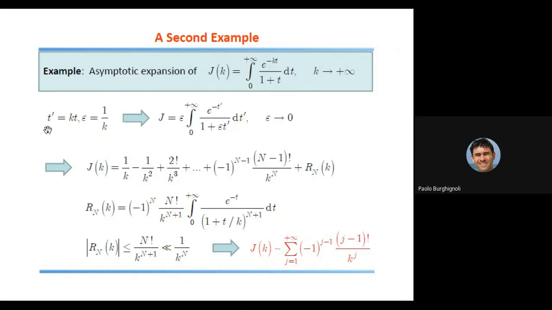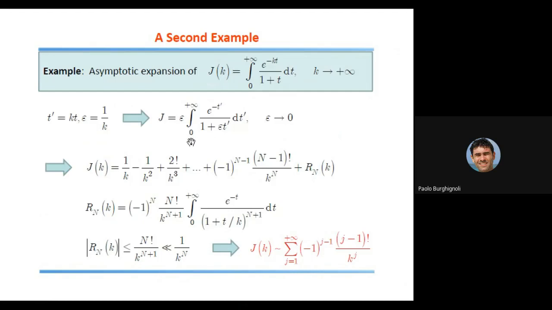If we introduce the new variable t prime, equal to k times t, and the new parameter epsilon, which is the reciprocal of the parameter k, we get that j is equal to epsilon times the integral that we considered before. Now epsilon goes to 0, of course. This is the new asymptotic limit.